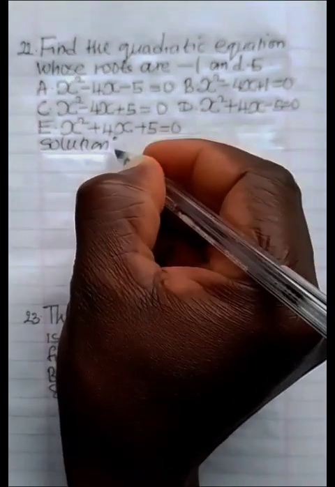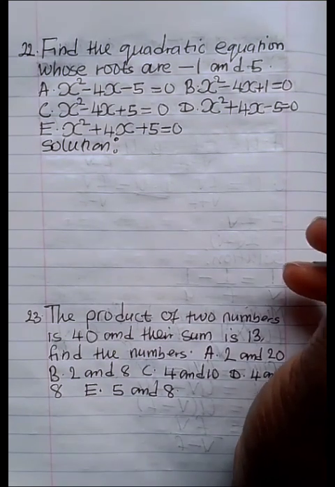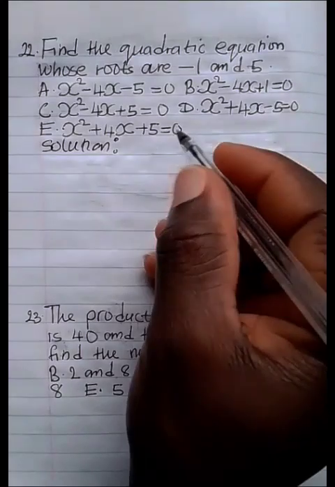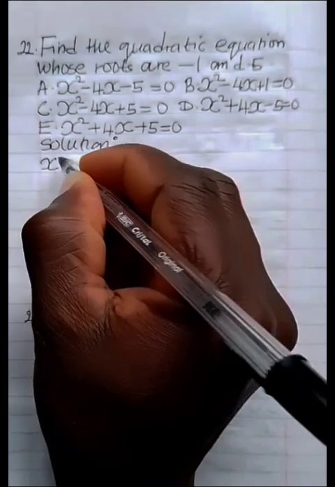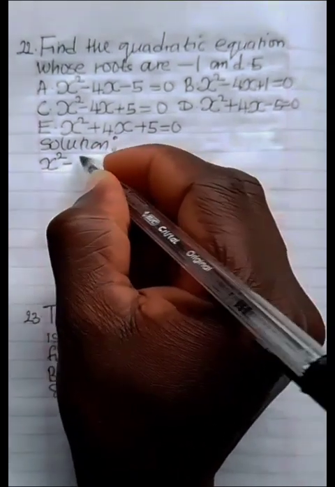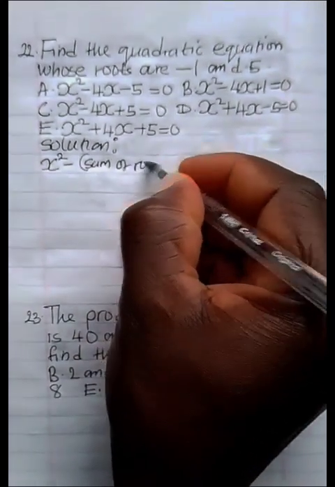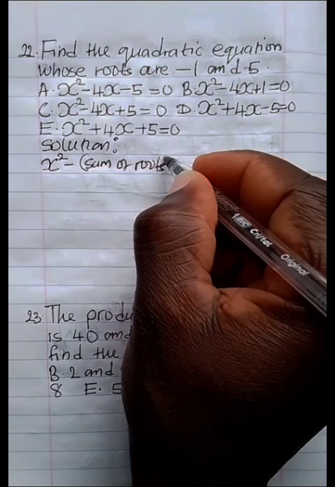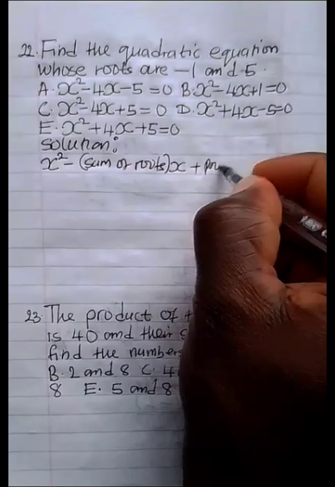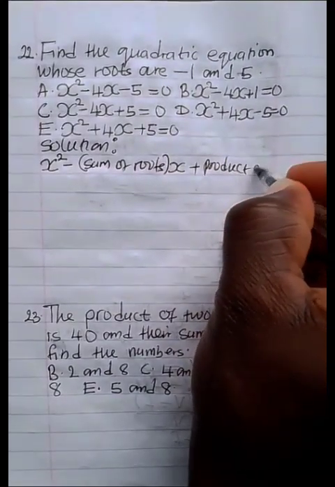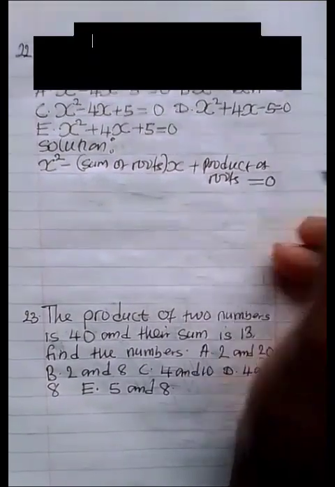The desired equation can be obtained using the simple rule in terms of S as S squared minus, open bracket, sum of roots, close bracket, times S, plus product of roots, equal to 0.